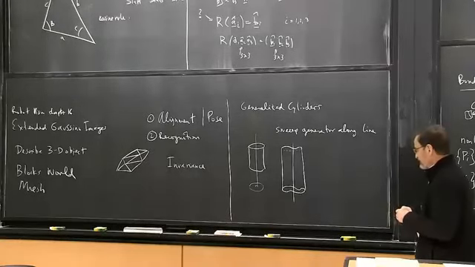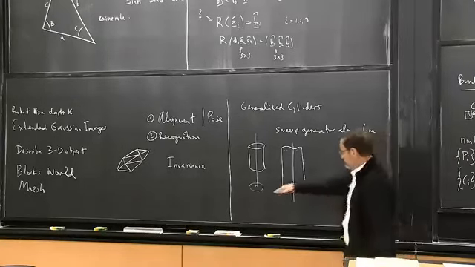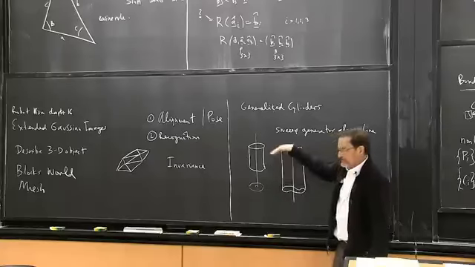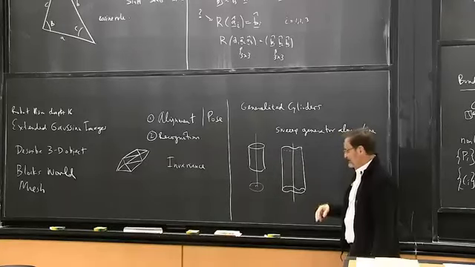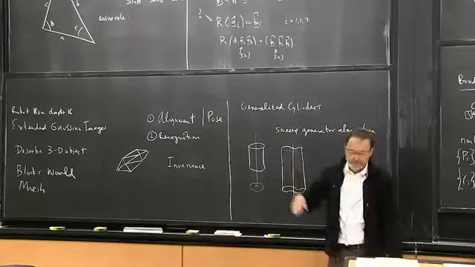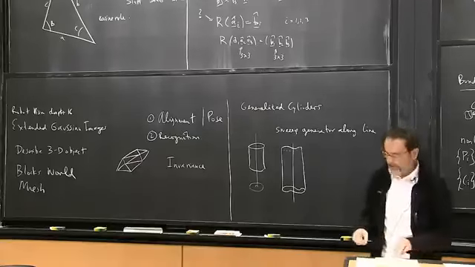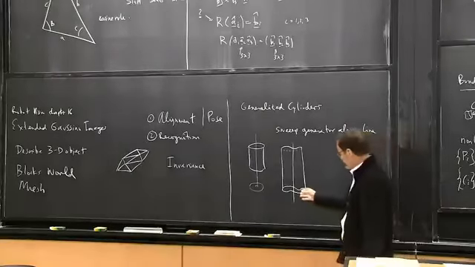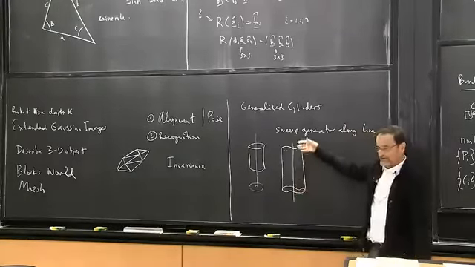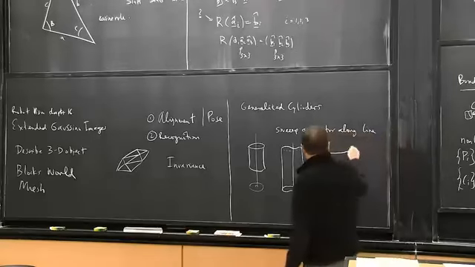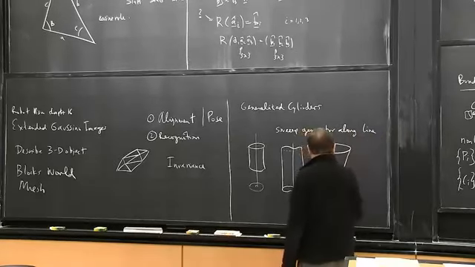Now I can introduce a couple of other things. One of them is I can tilt the generator relative to the axis. Well, that doesn't do a whole lot. That's just like a foreshortening transformation. But suppose I allow the size of the generator to vary as I go along. Well, then I can generate cones, for example.